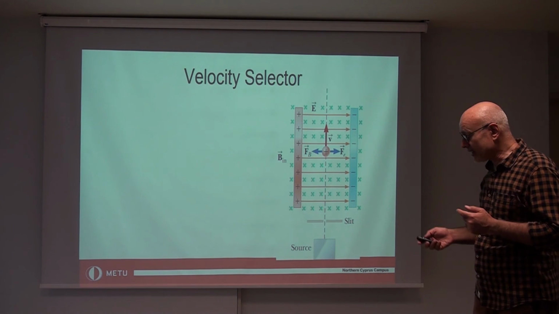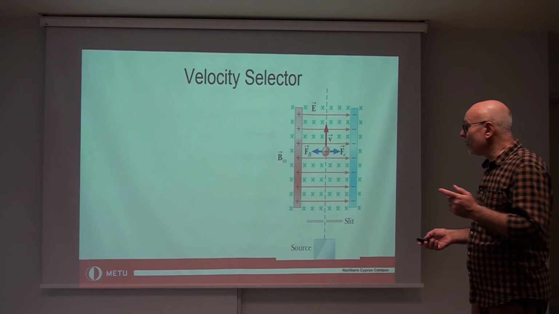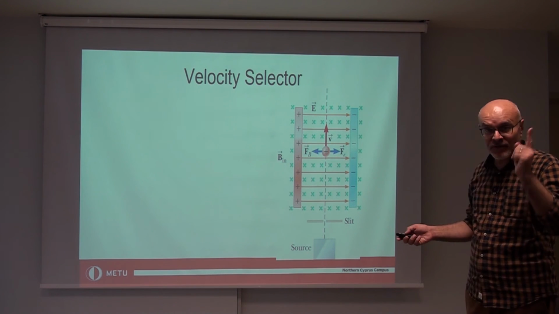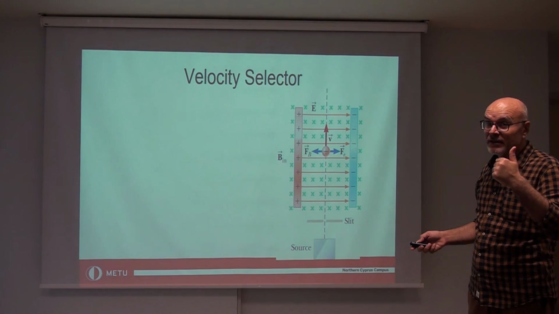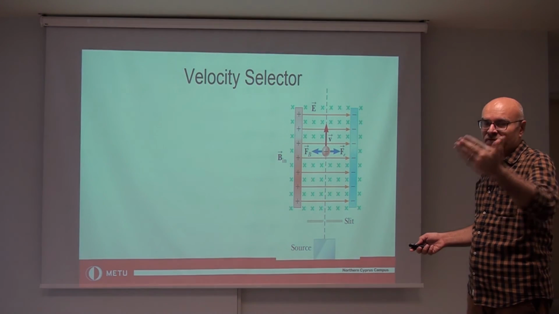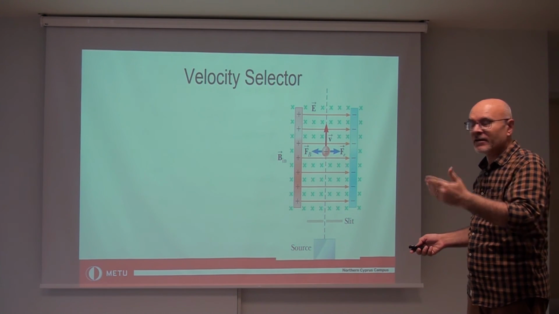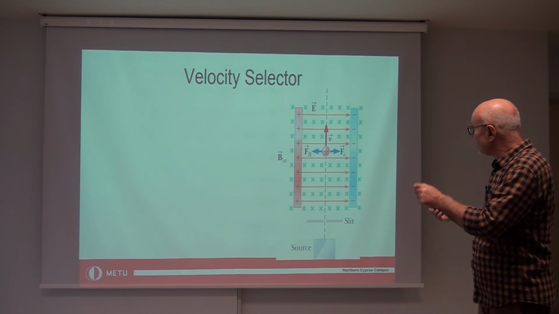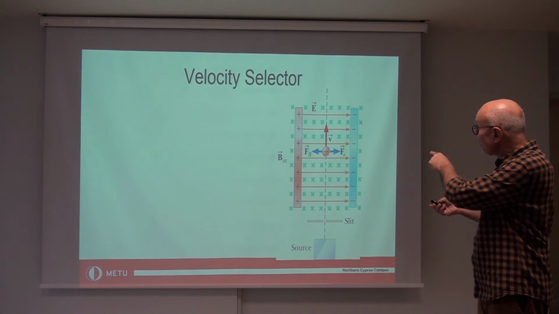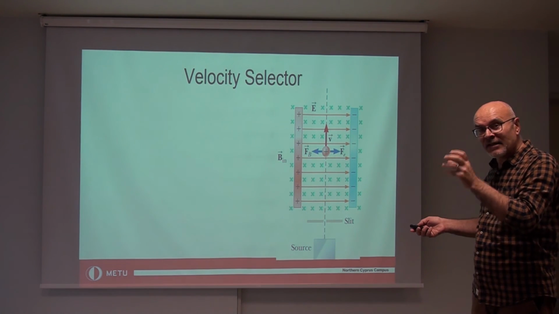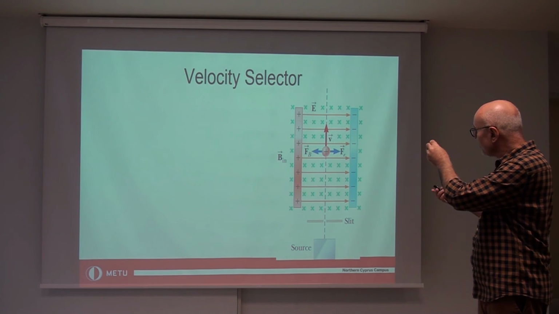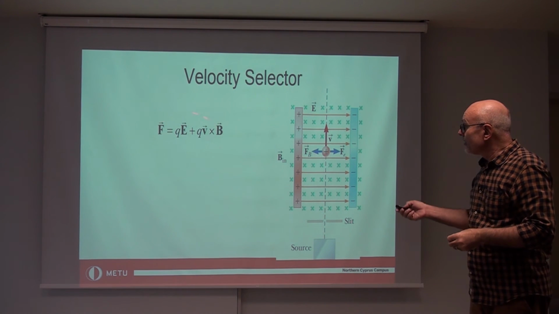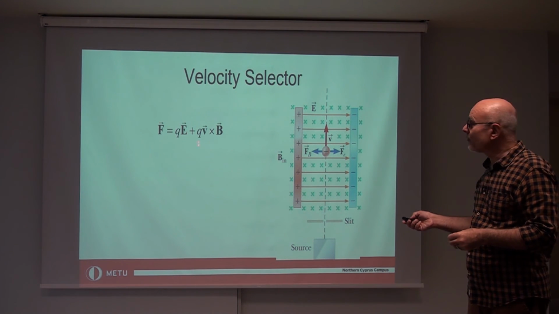So we note that the electric force depends only on the charge, but the magnetic force depends also on the speed, because the magnetic force is QVB. So it depends on the speed. Now, for a given electric field and a given magnetic field, this is the total force acting on that particle.